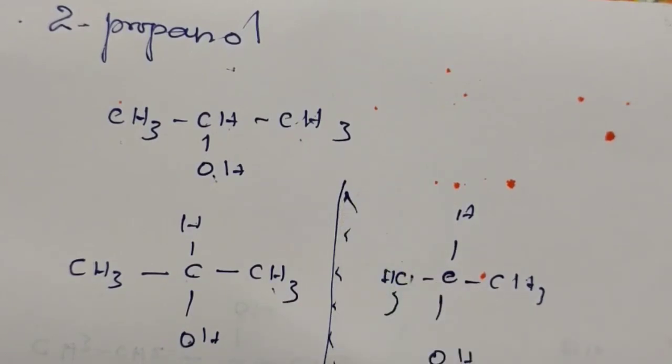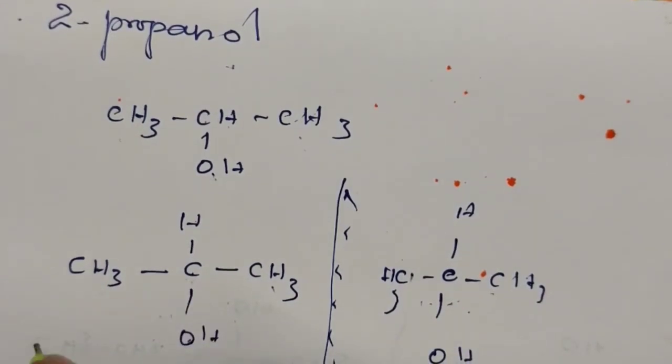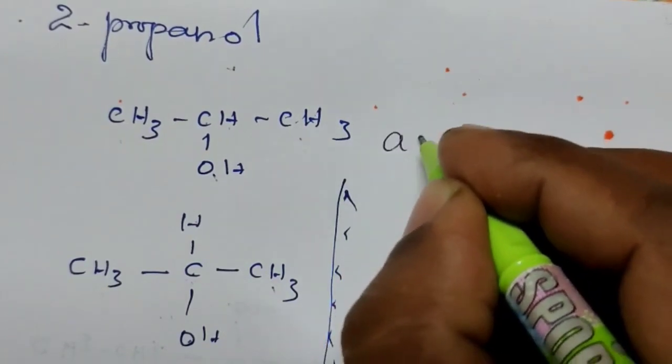If you take the mirror image, they are superimposable with each other. Therefore, it is not an optically active compound. This symmetric carbon is otherwise called an achiral carbon.